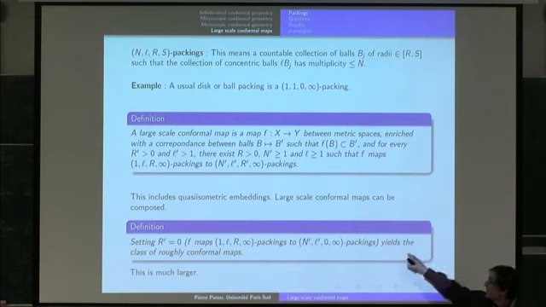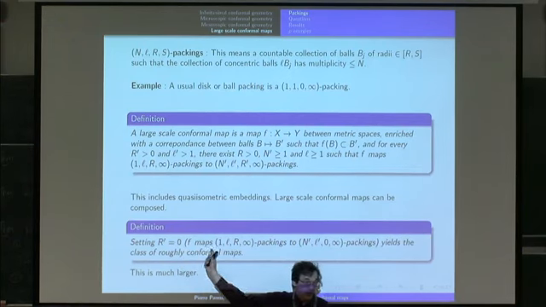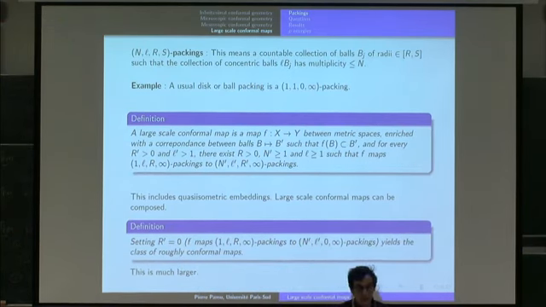That's why if we let the size parameter in the range go to 0, so no requirement on the size of the image of balls in the range, then we obtain in fact a larger class which I call the roughly conformal maps, which seems to me a more appropriate generalization of conformal mappings.